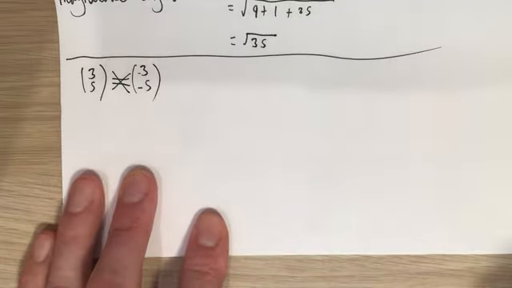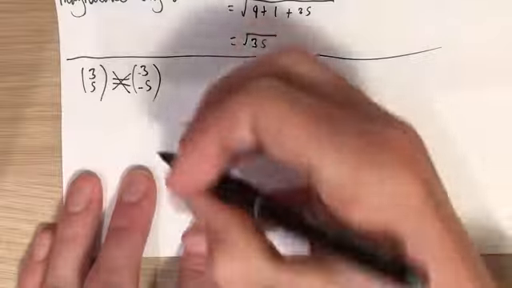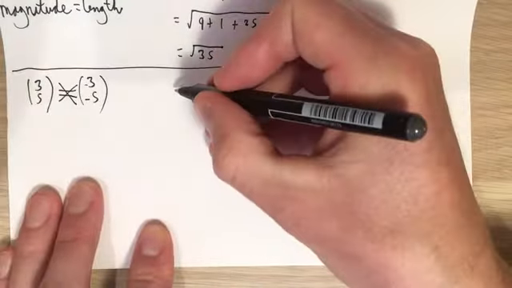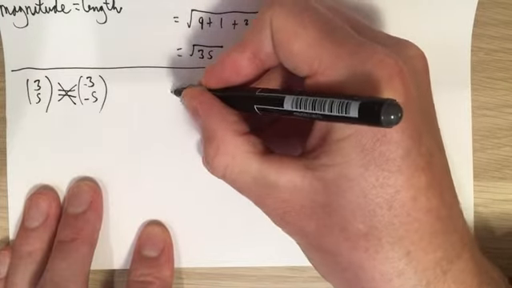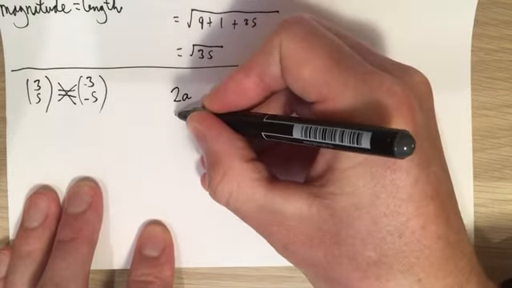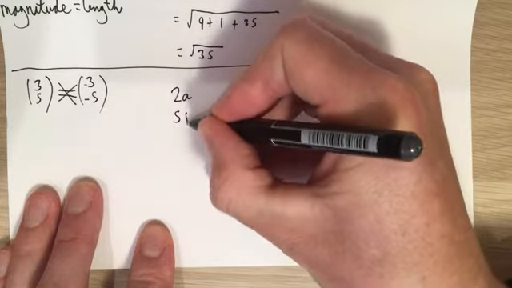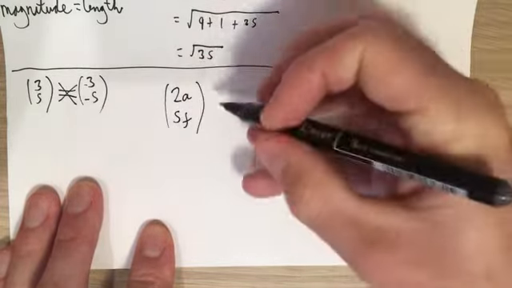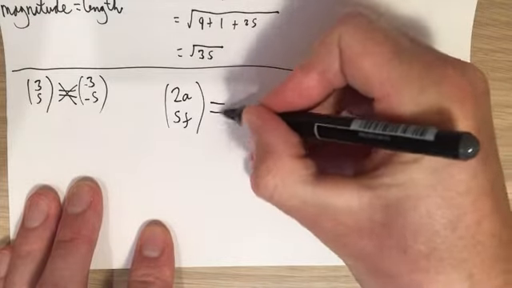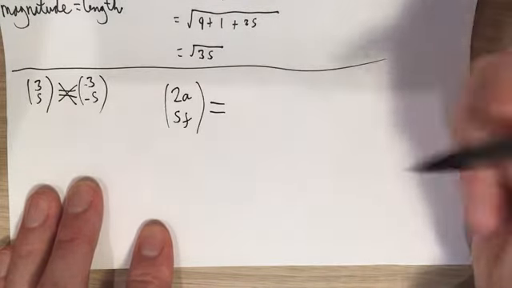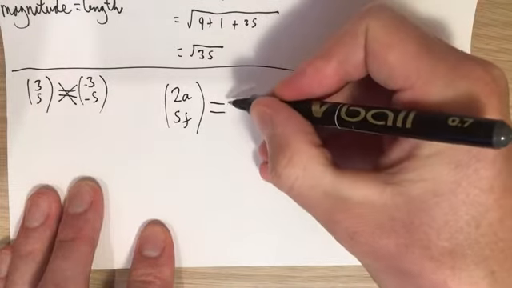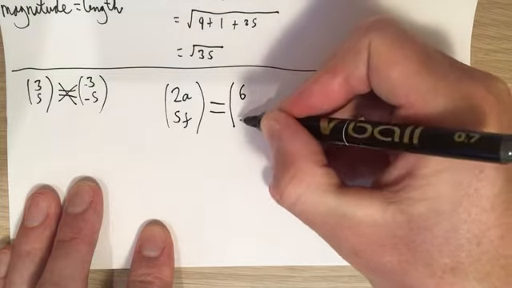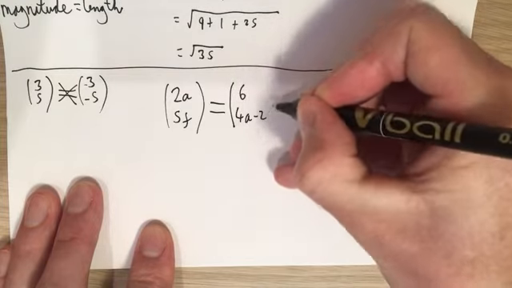So, for example, this is classic, just a bit of random maths with no reason behind it whatsoever. Let's suppose I have 2 vectors. One looks like this, 2a, 5f. So a and f are just numbers. And let's suppose I know, for some weird reason, that this random vector is the same as this instruction: go right 6 and then go up 4a minus 2.